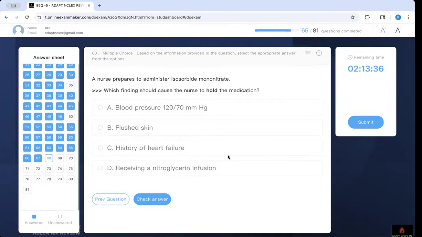This is a nitrate. You cannot combine nitrates. If I give you a nitrate, your blood pressure goes down. Isosorbide, blood pressure is fine. You're going to have flushed skin because your veins get bigger. It's used for heart failure, that's why we use it. You cannot take any more nitrate. Therefore, this one we've got to intervene.